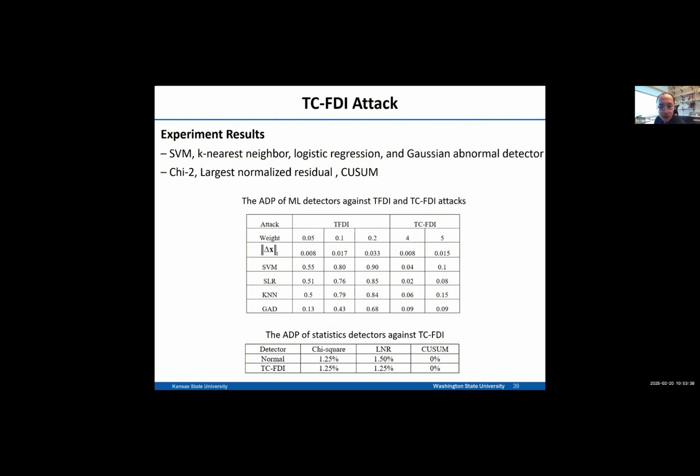This attack is designed for the machine learning detector, and for the detection of these attacks, we can use the moving target defense that Dr. Wu just introduced, and also we can use protected sensors to detect the attack. Because for the proposed attack, the first attack assumption is that the attacker needs to compromise multiple sensors.